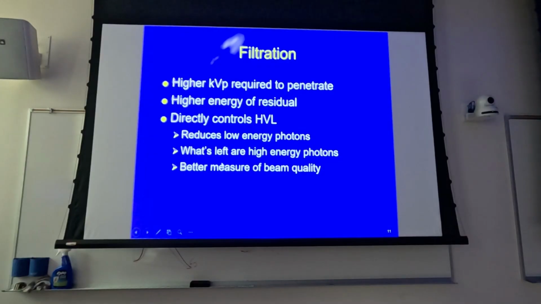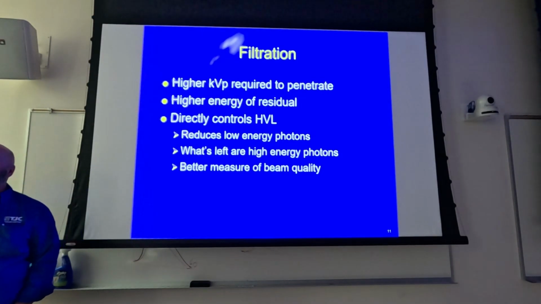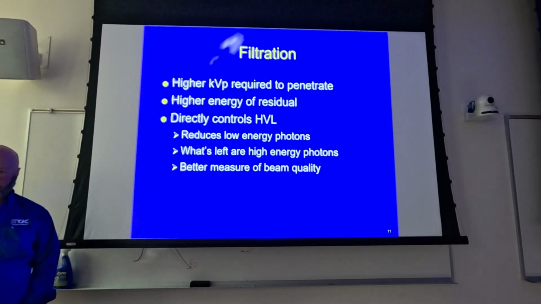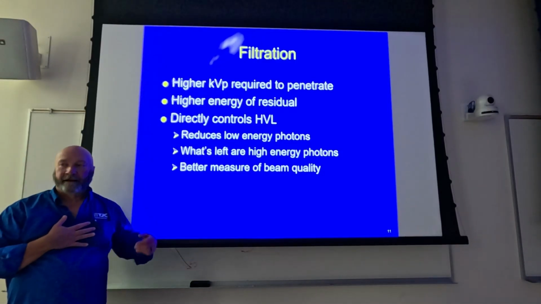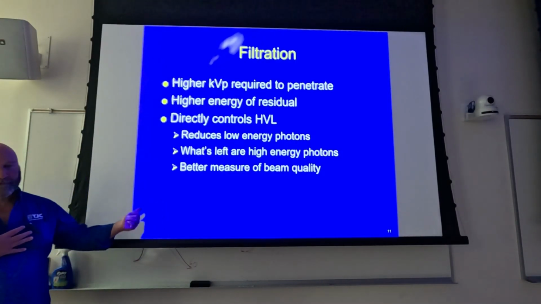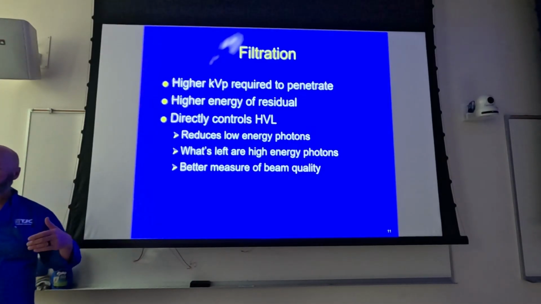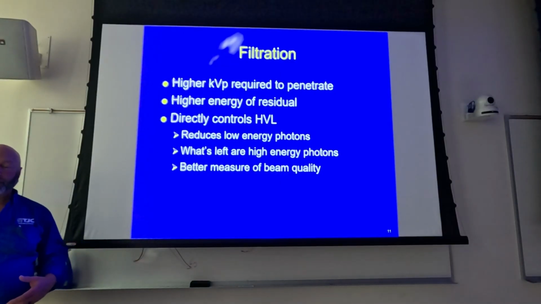All right, so half value layer is worth stopping on for a second. And I can kind of draw this out if you need me to, but half value layer is a better measure of beam quality than kVp. kVp is what we use to affect a change in beam quality. But half value layer is a better measure. Okay, so if you have two X-ray tubes, one's a brand new tube, it's got 2.5 millimeters of aluminum equivalent, right?